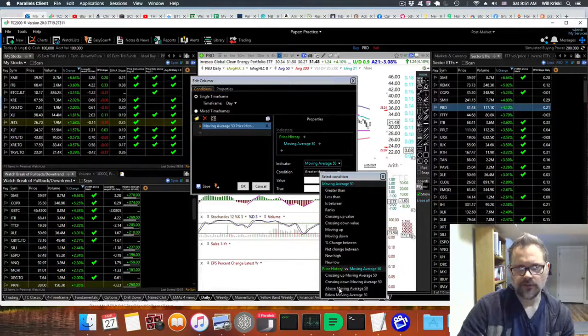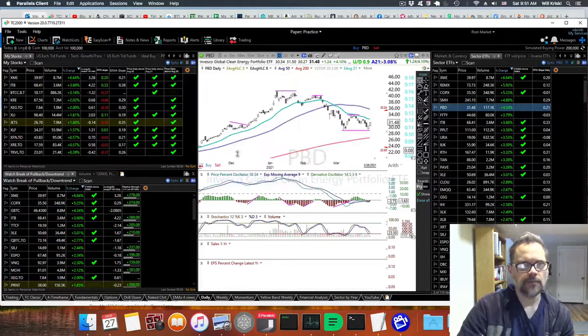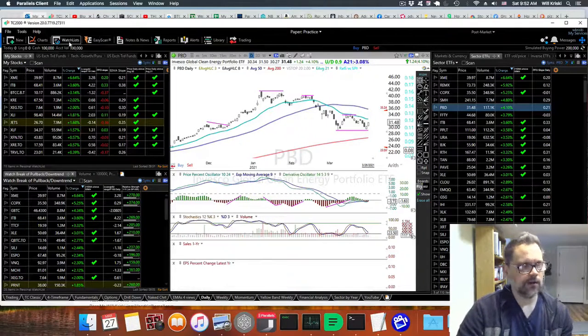I want the price history is above the 50, and I say okay. So this is a nice way sometimes, instead of clicking around and seeing are my stocks above the 50, or if you have a watch list, and then of course you can scan for stocks that are above the 50 or whatever you're looking for.